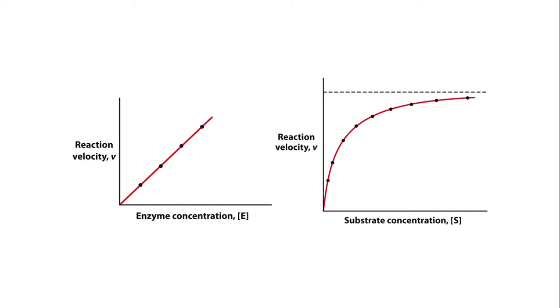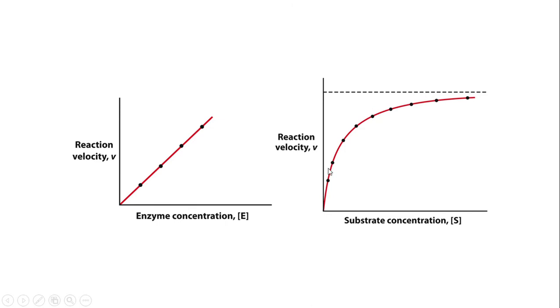The hyperbolic shape of this curve suggests that the enzyme physically combines with a substrate to form an ES complex, or enzyme-substrate complex, which is what we have at that transition state. As substrate concentration increases, initially the enzyme activity appears to increase linearly.